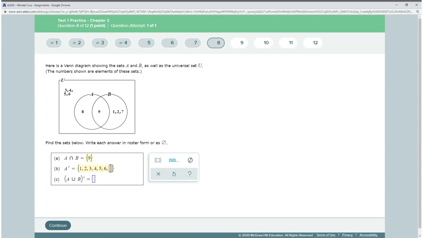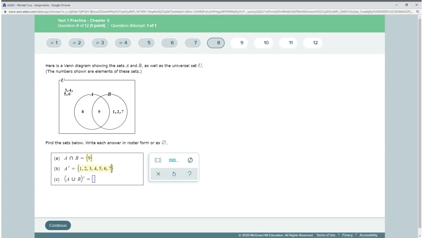So verify for me that all of those are not in A, right? Because 8 and 9 are inside of A. And if you take that A complement and add the 8 and 9 to it, you got everything.